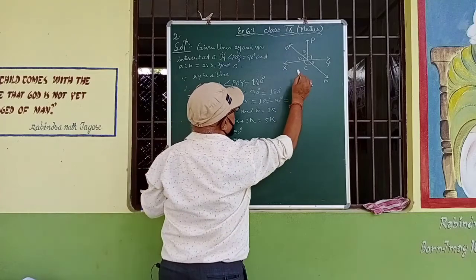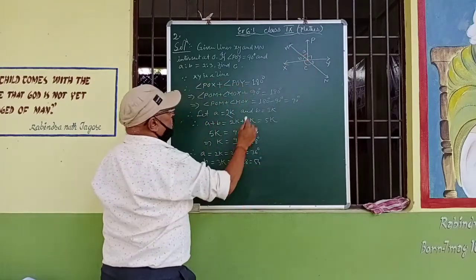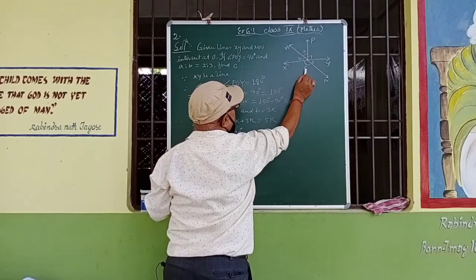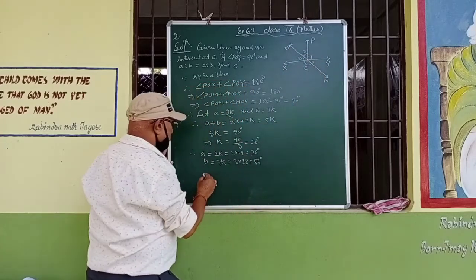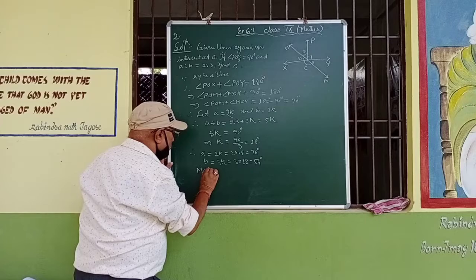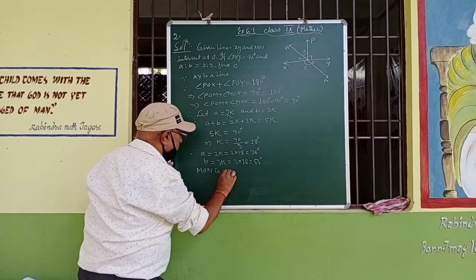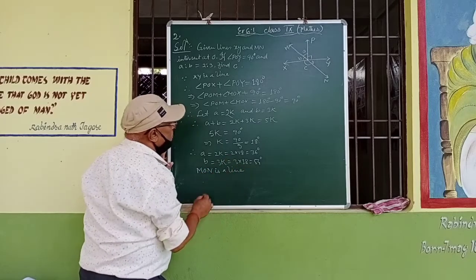Now, we have to find angle C. So MON is a line.